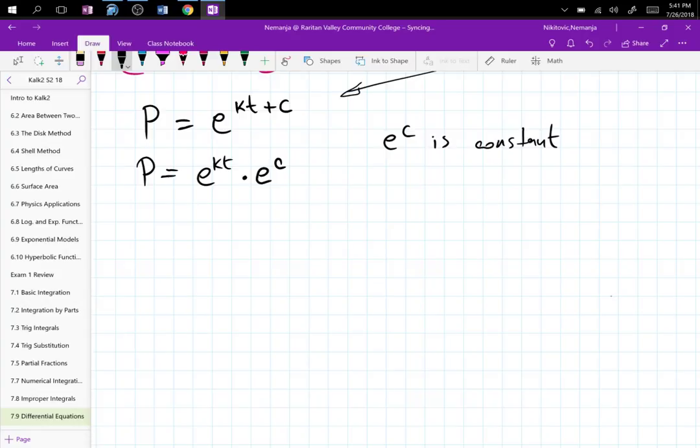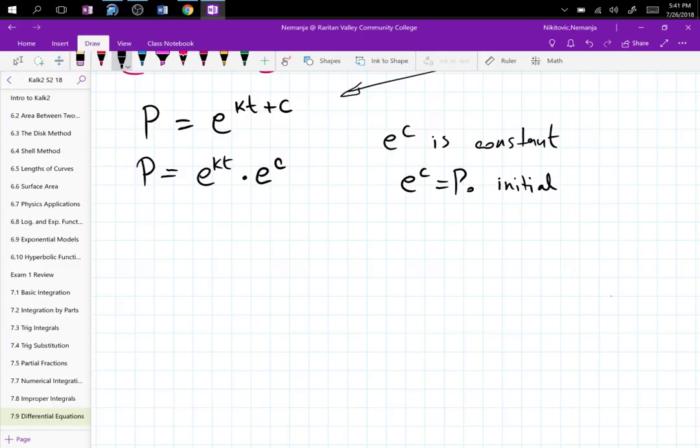And I will call that e to the c p0, initial population. Remember how I did the same thing for initial velocity earlier, and I did the same thing for initial height for the v0 and y0 when we did the physics kinematics? So now I'm doing the same thing for population.